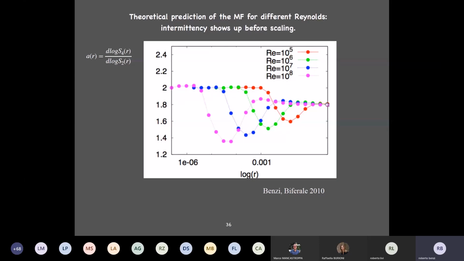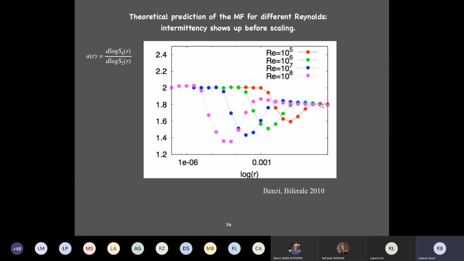One is that the range where anomalous scaling is observed, the plateau, increases with the Reynolds number and decreases as the Reynolds number decreases. The second is that the anomalous fluctuation in the viscous part increases with increasing Reynolds number. And this prediction is made by assuming the scaling properties without any information from the viscous effect.